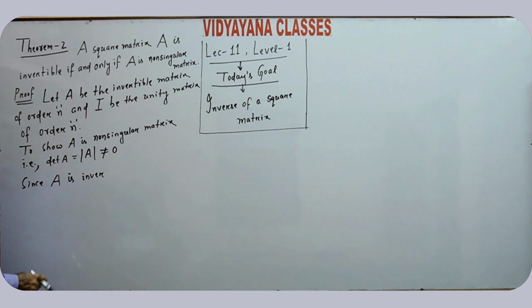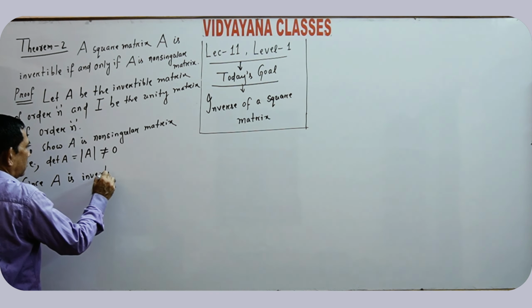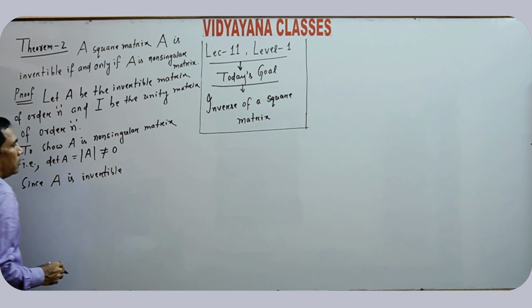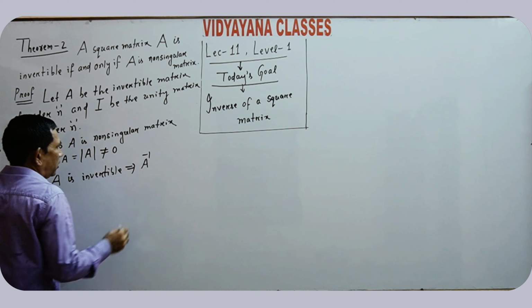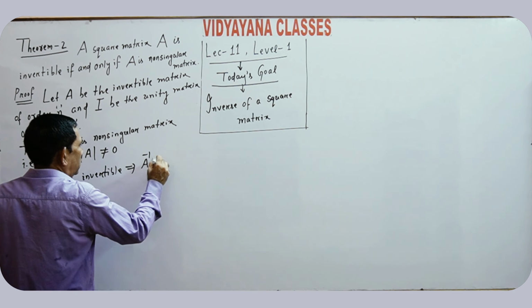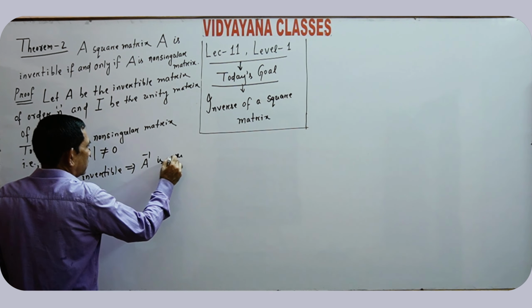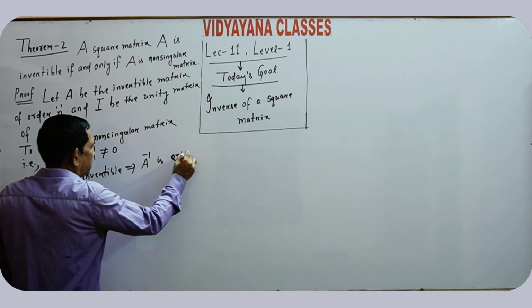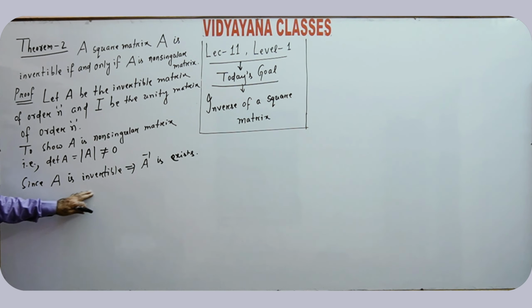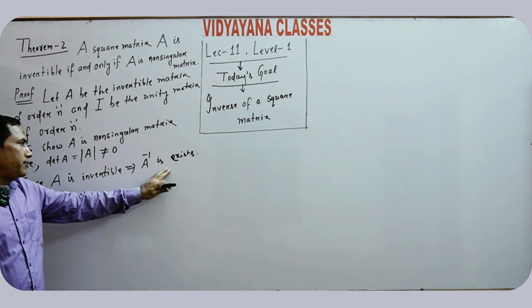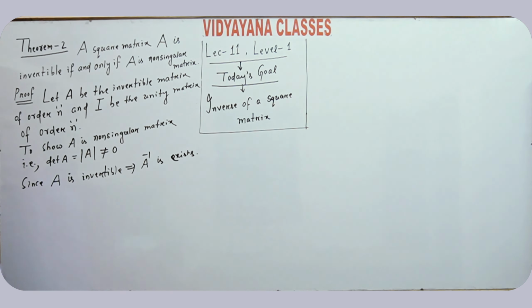It is given A is invertible. That implies A inverse exists. Since A is invertible implies A inverse exists.